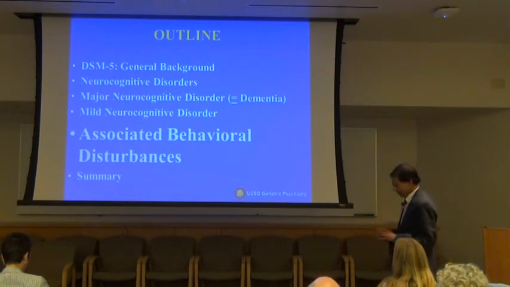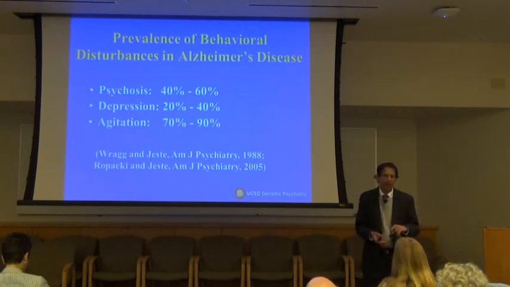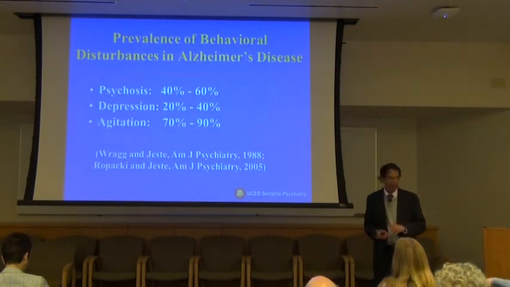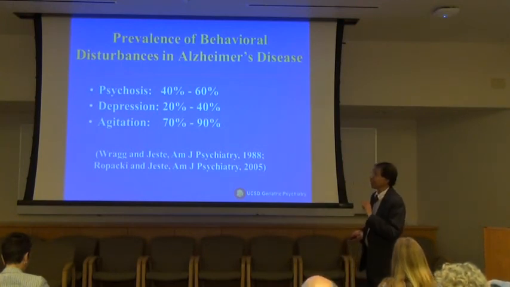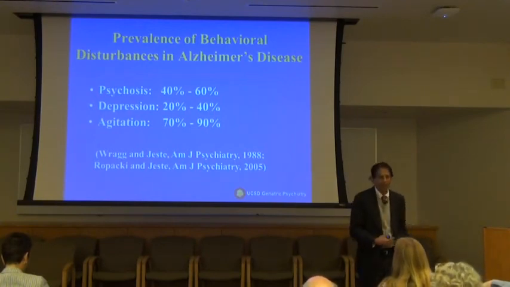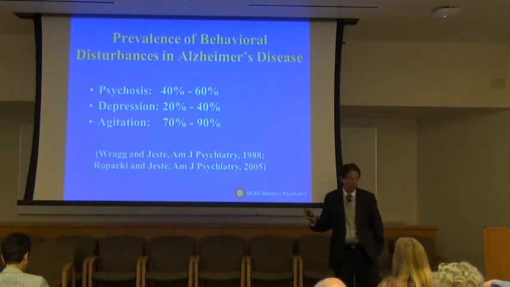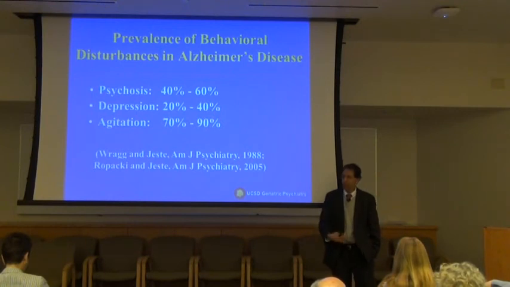Associated behavioral disorders. This actually I felt was one of the disappointments for me personally, that we didn't go as far as we should have. I would have liked to have this opportunity actually to improve the behavioral categorization. These symptoms are really important. And as mental health professionals, we see these patients not often because of their cognitive impairment, which gets treated by neurologists or geriatricians, but for the behavioral problems.